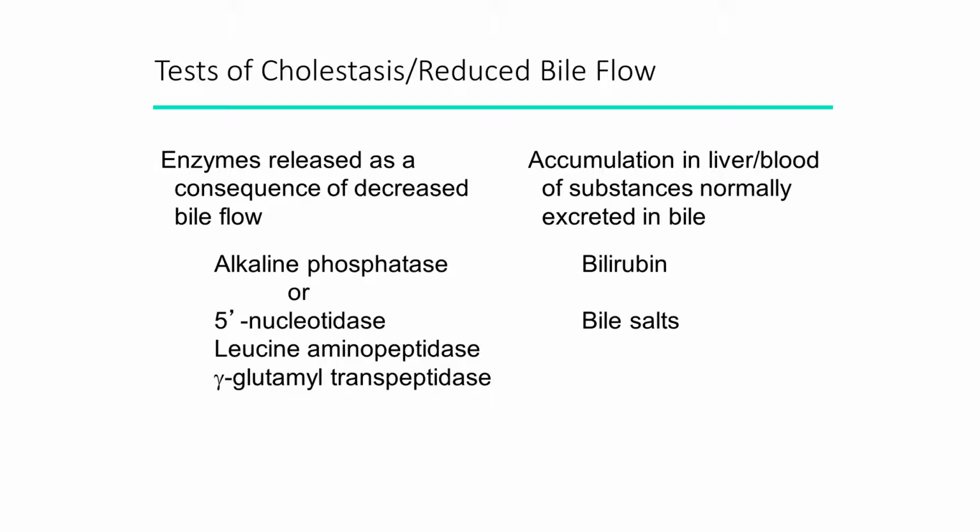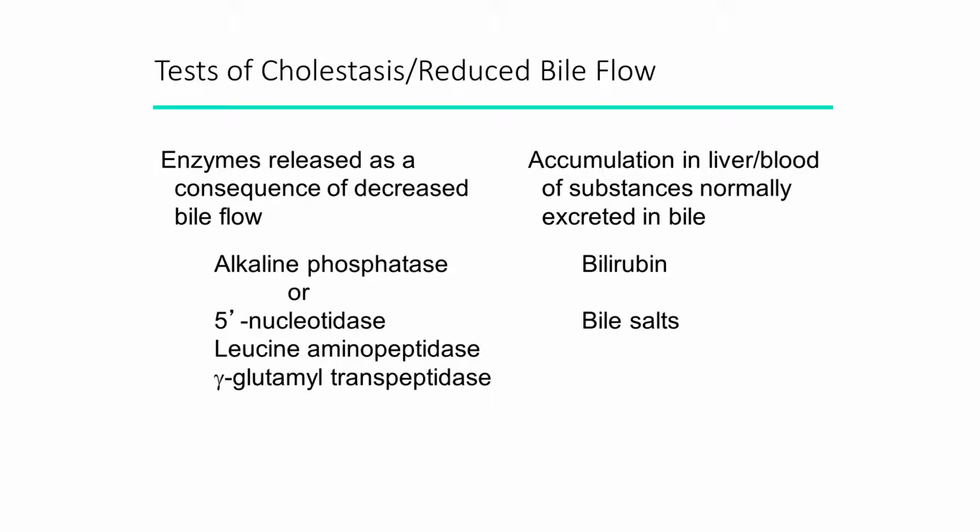And there's also usually accumulation, either in the liver or in the blood, of substances that are normally excreted in the bile, for example, your bilirubin or your bile acids. So these are the affected enzymes and substances whenever there is cholestasis or reduction in bile flow.